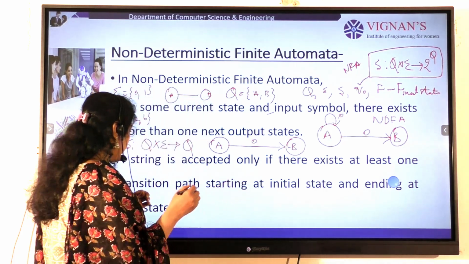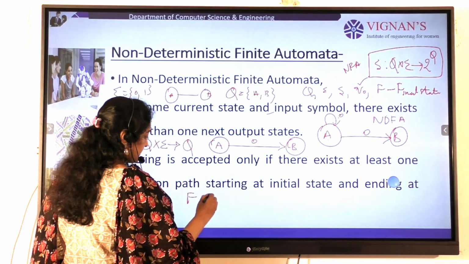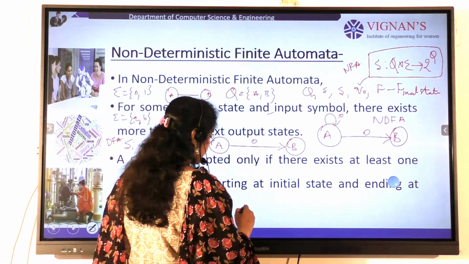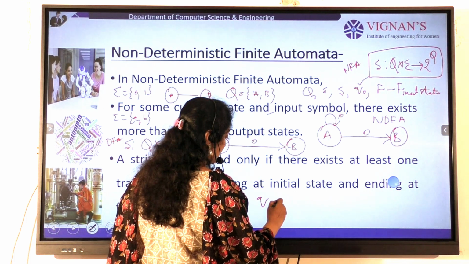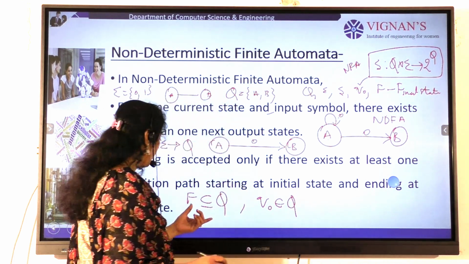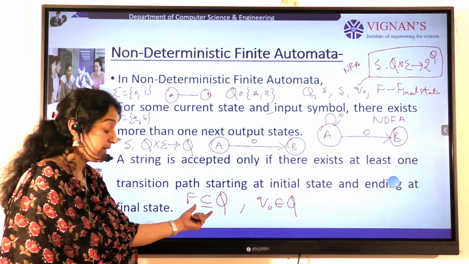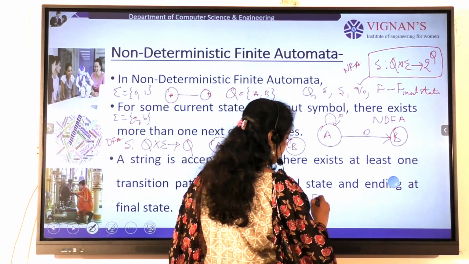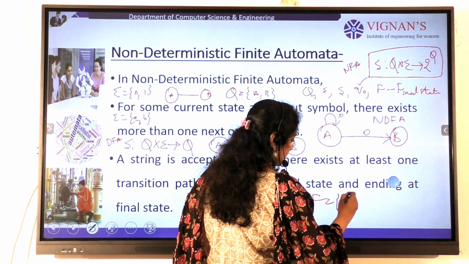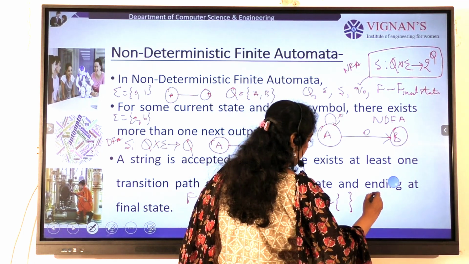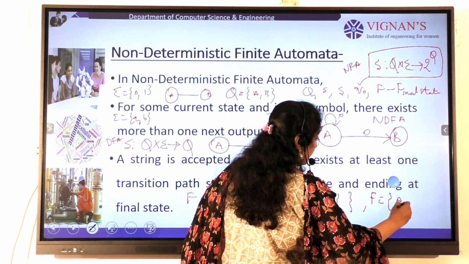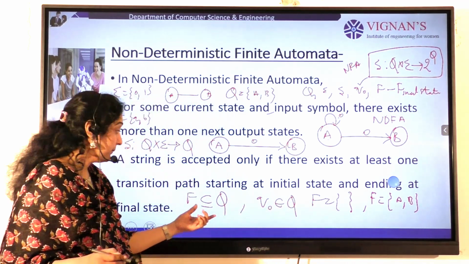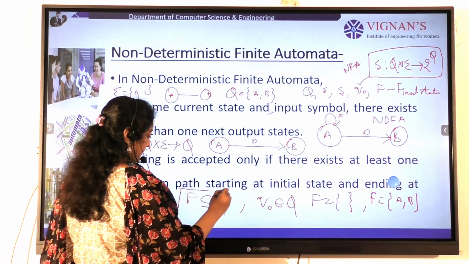That is why we say that F is a subset of capital Q, whereas the initial state Q naught belongs to capital Q. F can be either a single state or a set of states. It can contain more than one state also. That is the reason we say that F is a subset of capital Q.